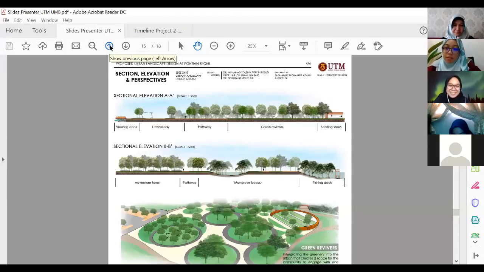For the second question about the topography, as I said just now, my site is an undeveloped land, so it's basically flat land. The circles in the area are just a design to show how I would like to propose the greenery. It's a flat land, it doesn't have much topography.